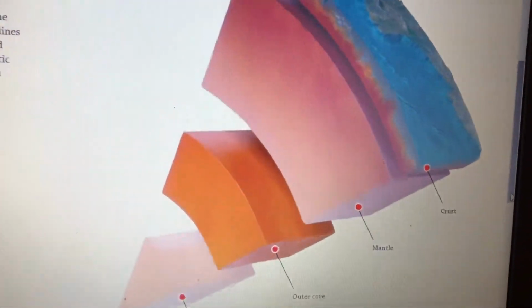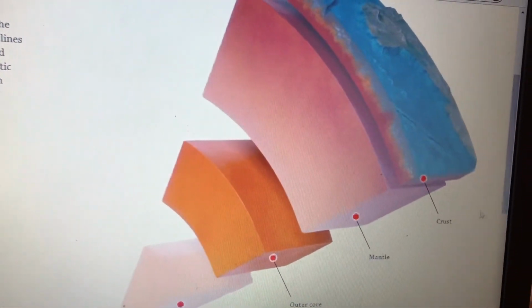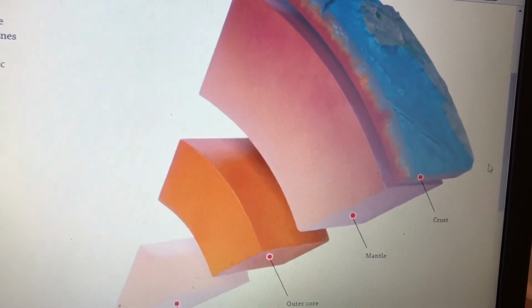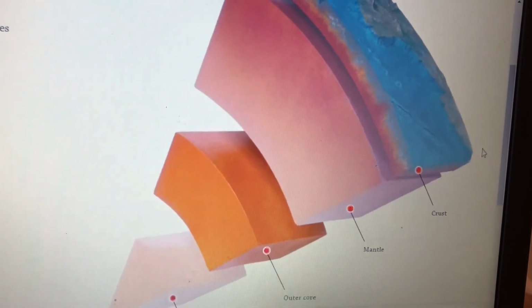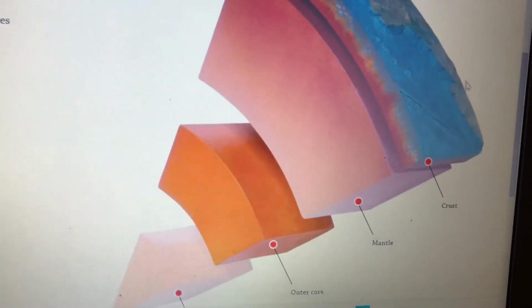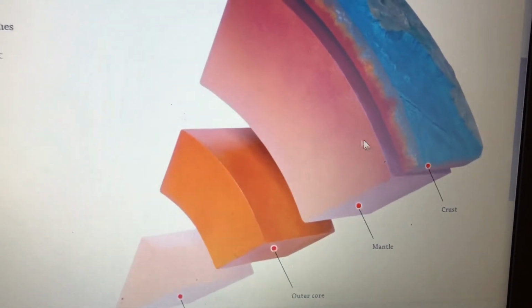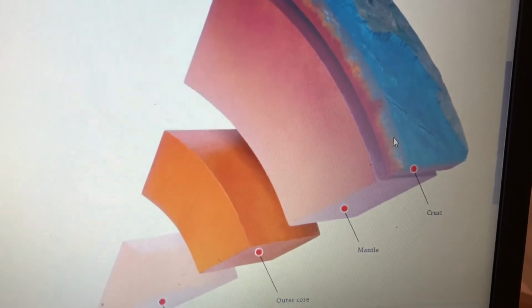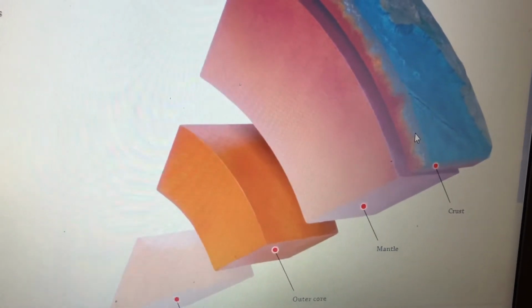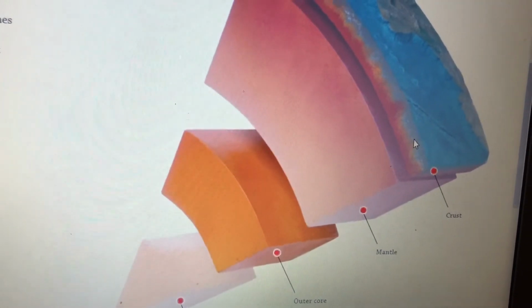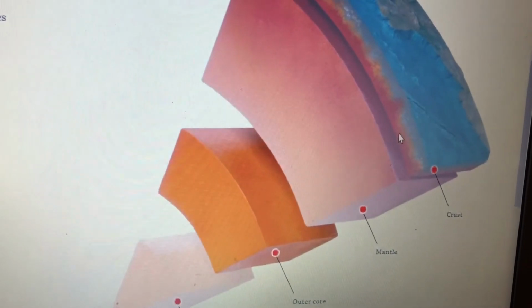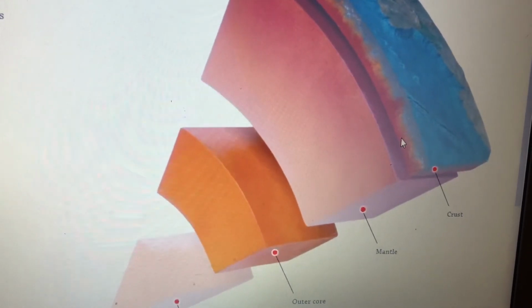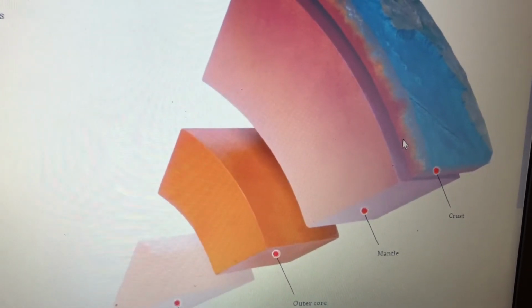So if you are on that site, we can see this diagram here. It is interactive. It's 3D, right? We discussed the word three-dimensional before. So we can actually see more clearly the thickness of each layer.